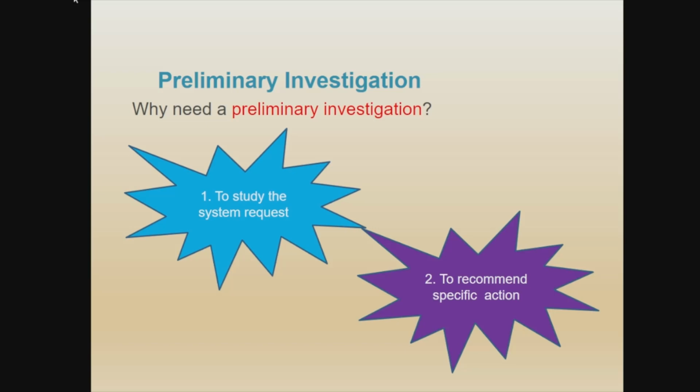Second, to recommend a specific action. After you study based on the requirements, then you can make a suggestion for the request, for the problem that has been mentioned. So you investigate and then you can recommend to your stakeholders or your users.